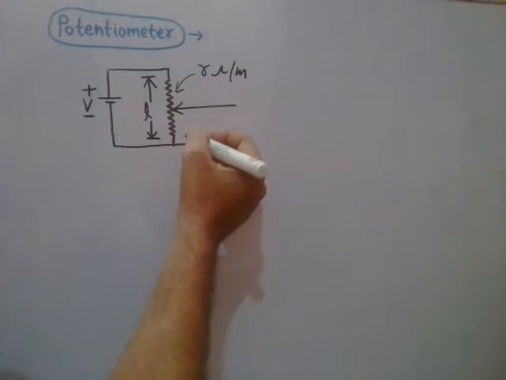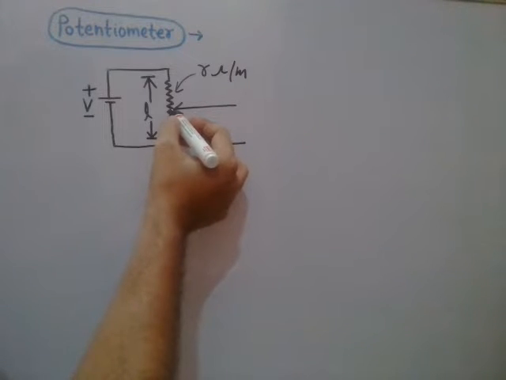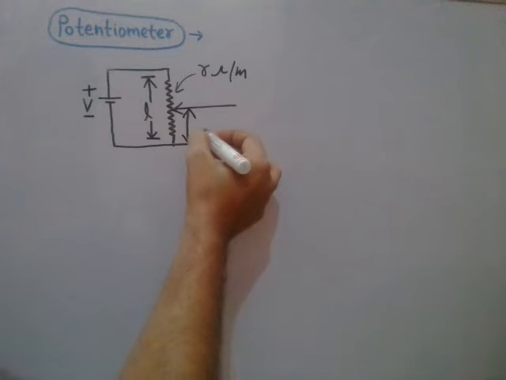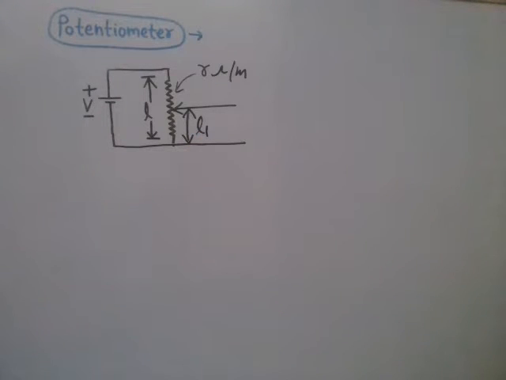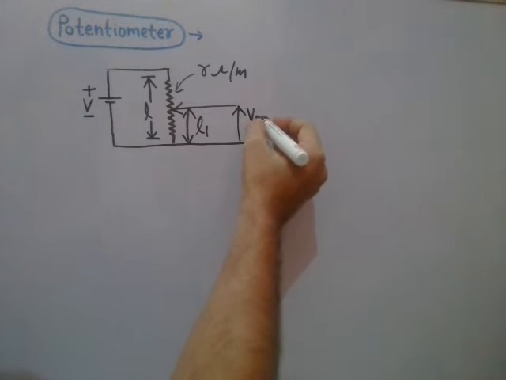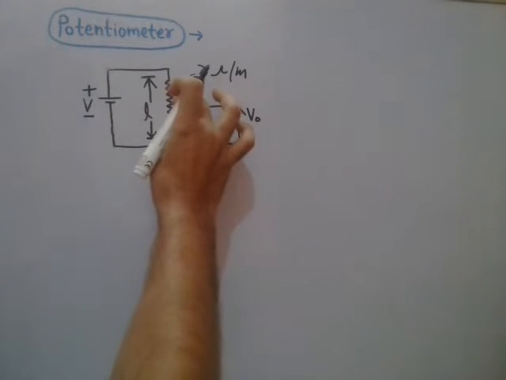Suppose at one particular position this stylus is at this particular point, and the length covered by this stylus is small l1. The output voltage is V0, that we have to measure. The output voltage is across this length L1.